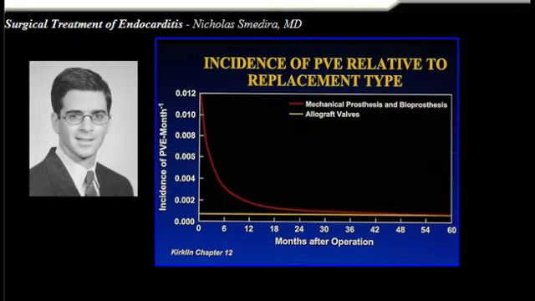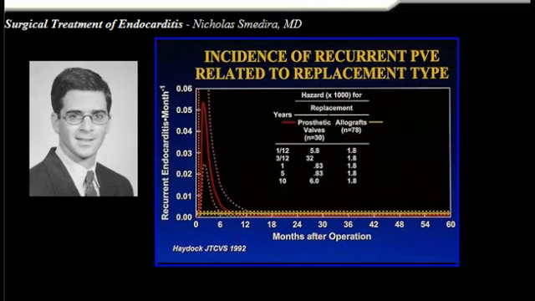There's this early hazard for prosthetic valve endocarditis in mechanical or bioprosthesis that does not exist in the allograft valves, and then after a couple years they even out. So there is a finite risk with mechanical or bioprosthesis that you don't see with the allograft.